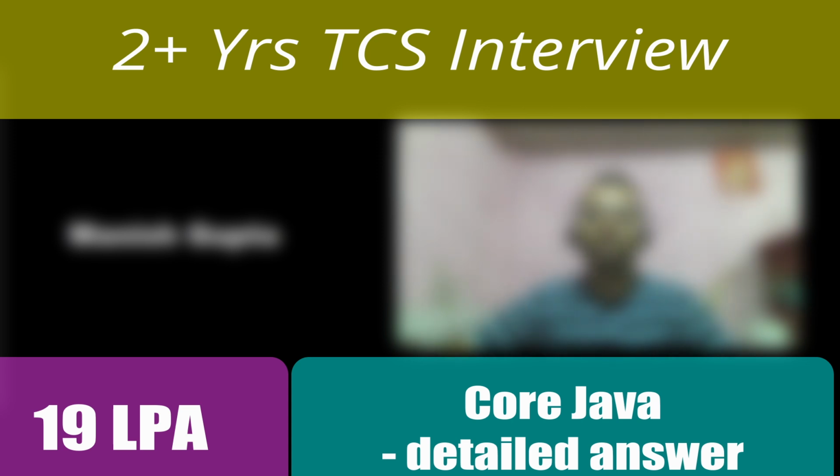Okay, so what is exception handling in Java? Exception handling in Java is a mechanism used to deal with runtime errors, also known as exceptions, in a systematic and controlled manner. Exceptions are unexpected events that occur during the execution of a program, for example, divide by zero, accessing an invalid index in an array, or attempting to open a file that does not exist.